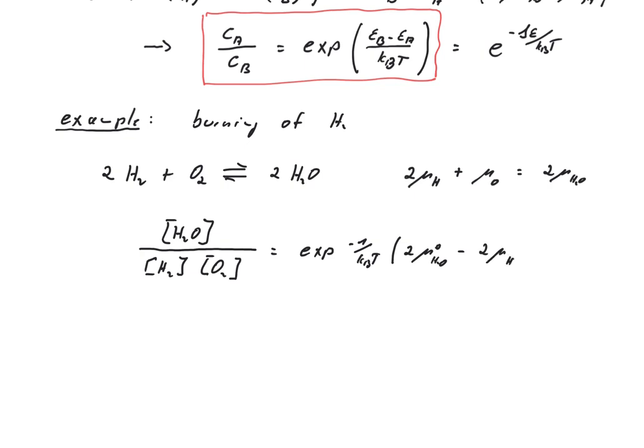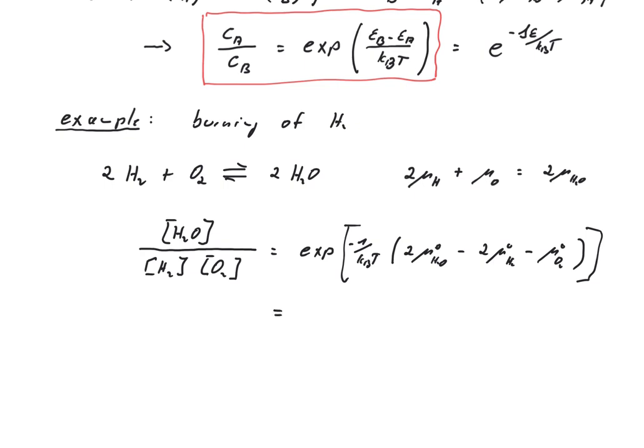So it's 2 times mu zero of H2O, of water, minus 2 times mu zero of the hydrogen molecules minus mu zero of the oxygen molecule.